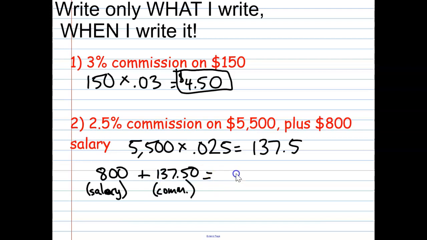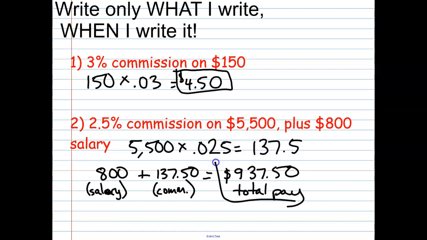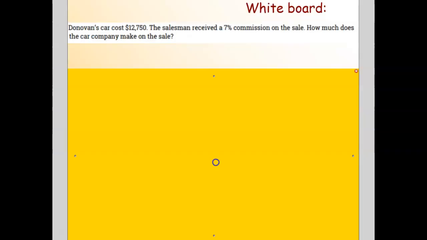And we get a grand total on his paycheck of, or her, $937.50. That's the total pay. That one wasn't too bad. All right, go ahead and pause and give that one a try.